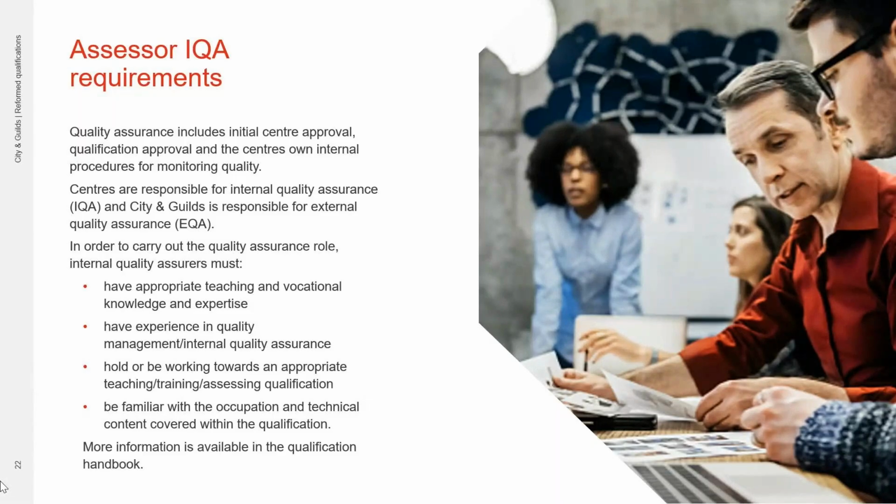In order to carry out the quality assurance role, internal quality assurers must have appropriate teaching and vocational knowledge and expertise, have experience in quality management and internal quality assurance, hold or be working towards an appropriate teacher, training or assessing qualification, and be familiar with the occupation and technical content covered within the qualification. More information is available within the qualification handbook.